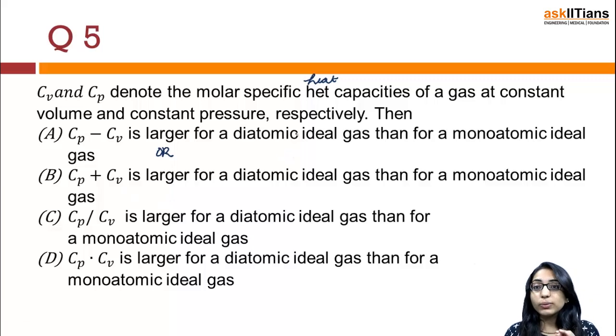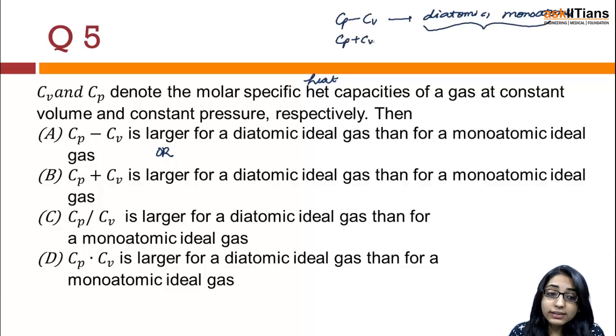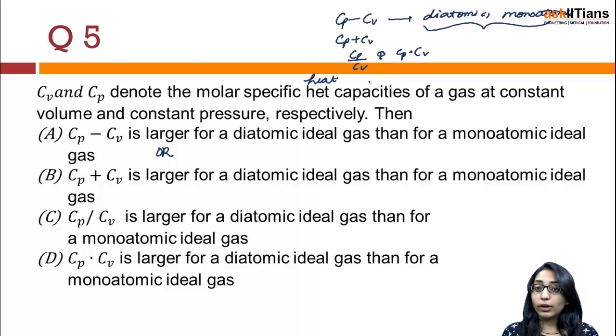We need these values for both gases. Then again, CP by CV is larger for a diatomic gas than for a monoatomic gas, and CP multiplied by CV is larger for a diatomic gas than for a monoatomic gas.